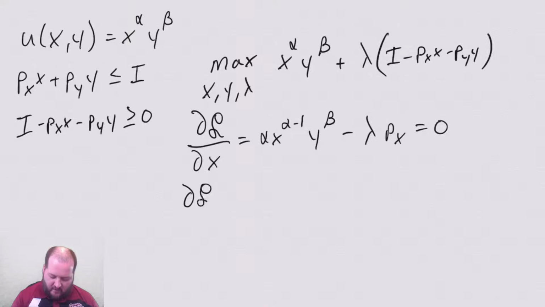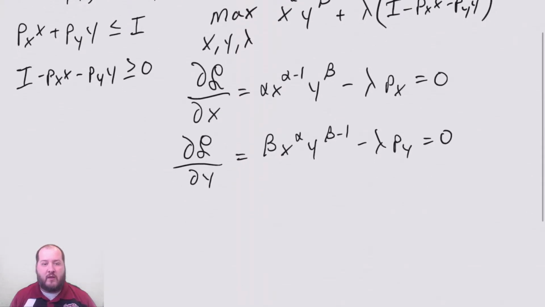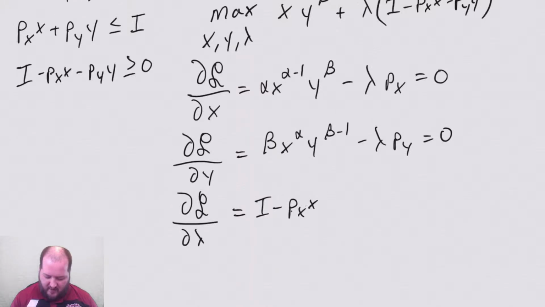The derivative of my Lagrangian with respect to Y is equal to beta X to the alpha, Y to the beta minus 1 minus lambda PY, and again I set that equal to 0. And lastly, the derivative of my Lagrangian with respect to my Lagrange multiplier is just my constraint. It's I minus PXX minus PYY, and we'll set it equal to 0.